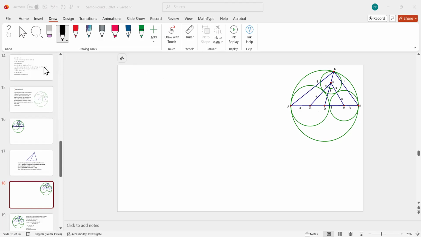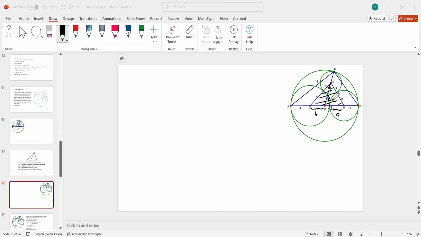We are going to focus our attention on this triangle. This triangle here. I've got that side, and here I've got B, and here I've got A, and I've given a name to this length here.